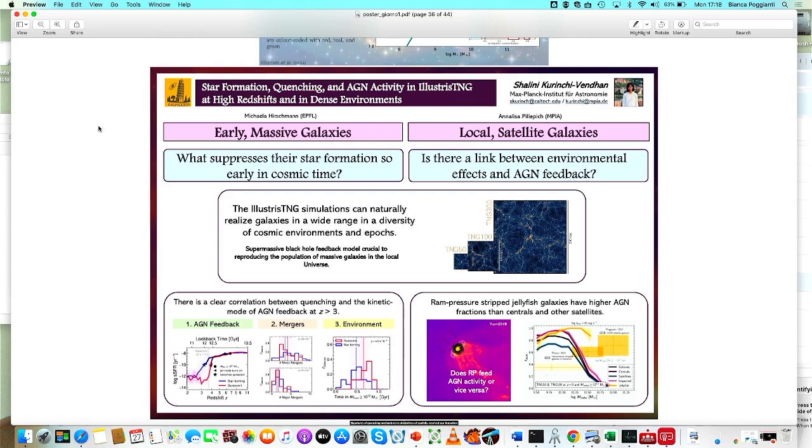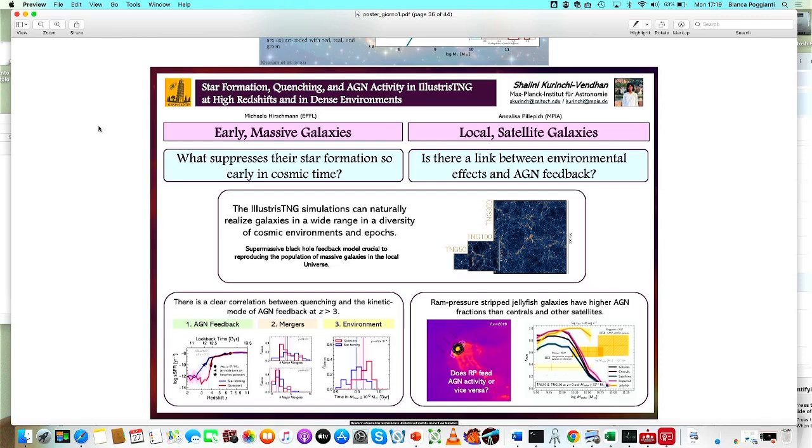First, I have looked at early massive galaxies. In the simulations, we find that there is a non-negligible fraction of massive galaxies which are quenched above redshift 3. The question is, what suppresses their star formation so early in cosmic time? In the simulations, these galaxies have resided in more massive host halos during their lifetime.